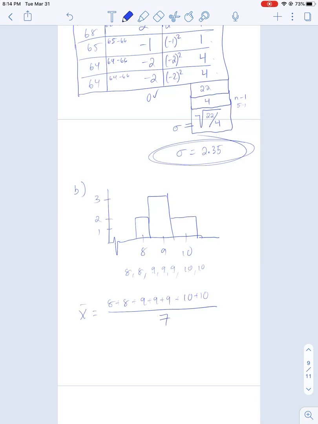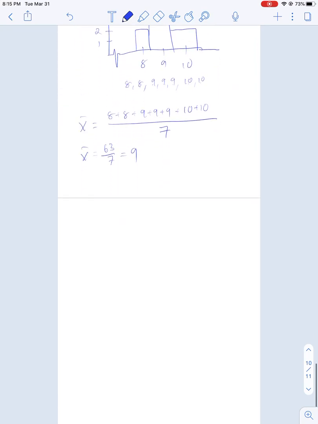So we add this up. All right, 8 plus 8 plus 9 plus 9 plus 9 plus 10 plus 10. We get that to be a 63. And we divide 63 by 7, so we get our mean to be 9. From there, we can make our table, right?